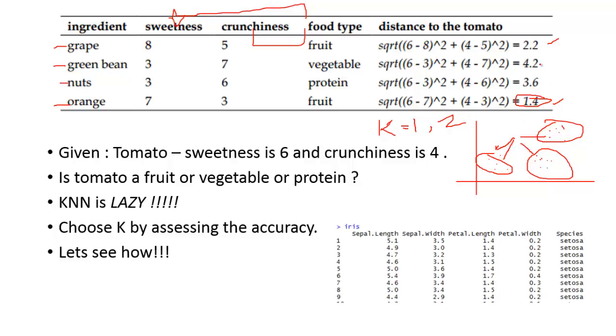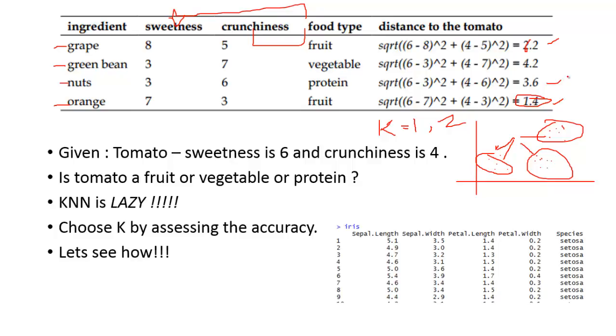But say there's a different case, where one distance is 6.2 or something, and the second smallest is 3.6, which are protein and fruit. Based on these two and the smallest distance, 1.4, we say this belongs to fruit.